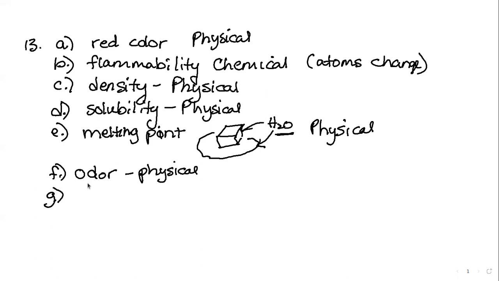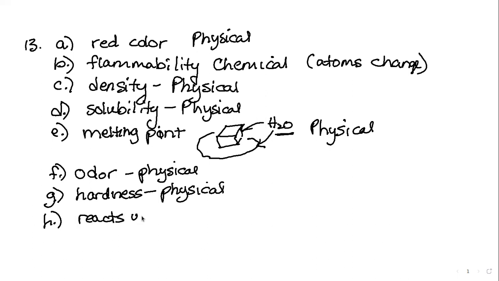G is hardness. As you look at something or as you touch it and squeeze it, the hardness doesn't change. So that's going to be a physical property. Okay, H is reacts with water. And this word reacts ought to be enough just to give you a clue, because once it's reacting, it's chemical.